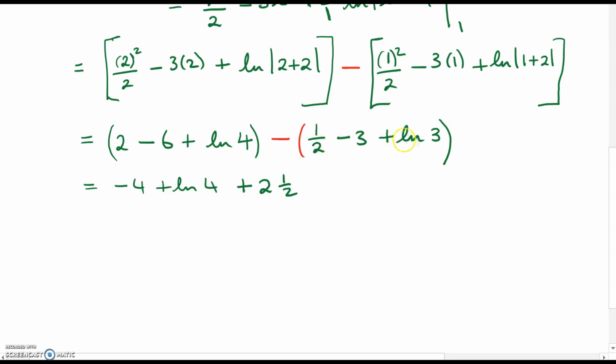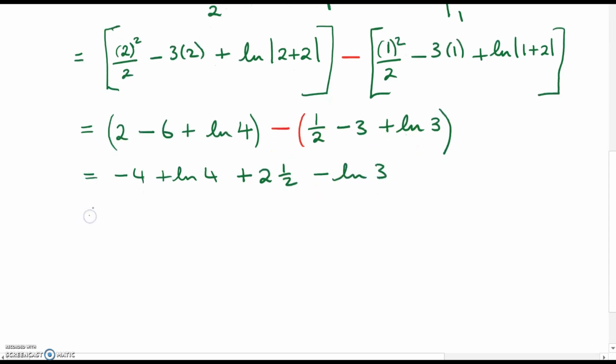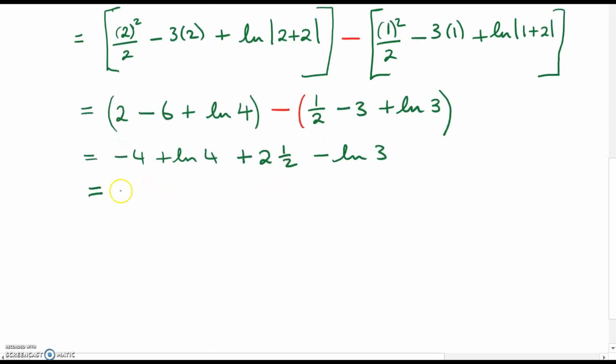And then we're going to get minus the log of 3. Okay, well let's see if we can tidy this up a little bit more. Negative 4 plus 2.5 is negative 1.5, and then plus log 4 minus log 3. Let's keep those two pieces together. We're going to go a little bit further. So that's going to be negative 1.5 and then plus.